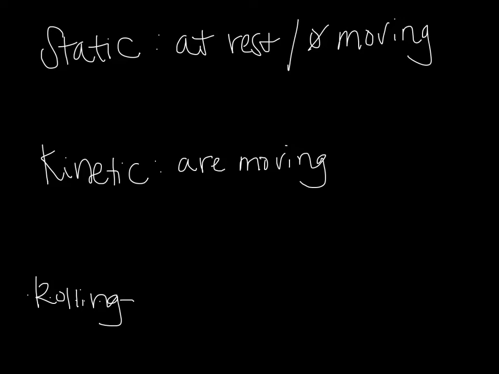So an example of something that has static friction would be a book sitting on top of a table, whereas for kinetic friction, that book would be pulled across the table. So there would be friction here in between the surface of the table and the book.